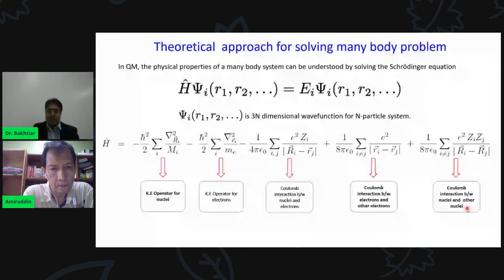This is a very complex equation because the wave function associated with an n-particle system is a 3n-dimensional wave function, because there are n particles and every single particle has 3 degrees of freedom.